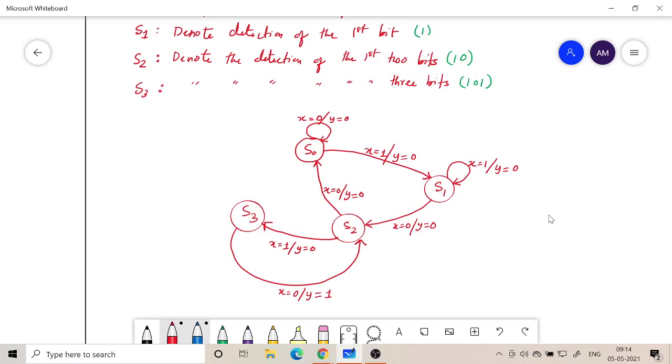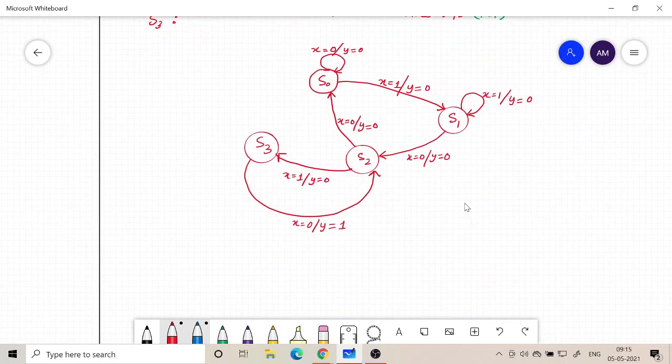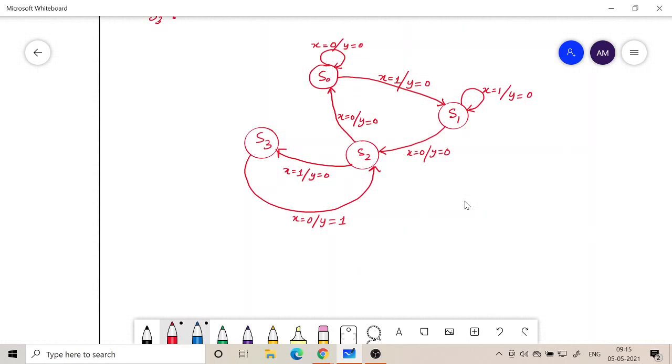Okay, but in case x is equal to 1, then what I am getting is like 1 0 1 0 1 1. So if I get 2 consecutive 1s, it's as good as detecting only a single bit. So I need to go to S1. So let me just modify this drawing a little bit. I will draw this the other side.